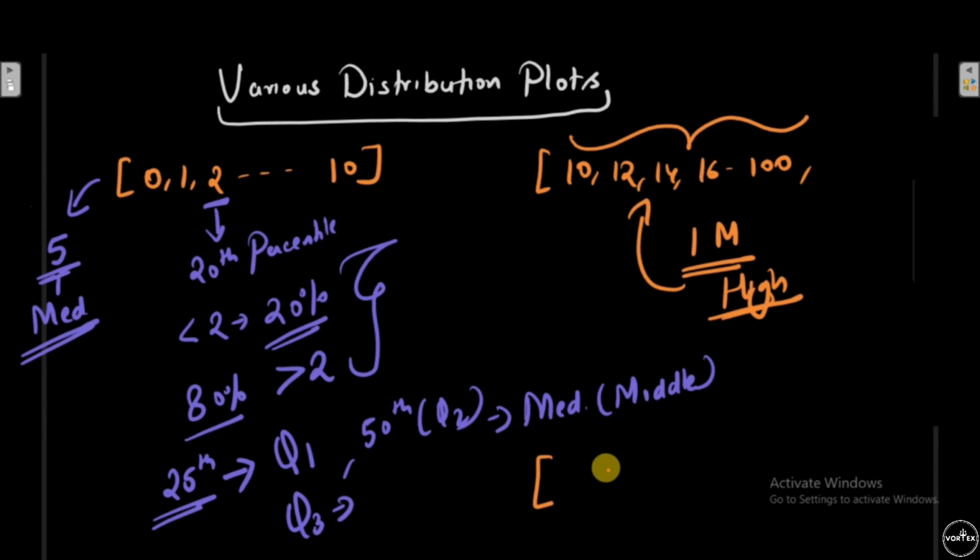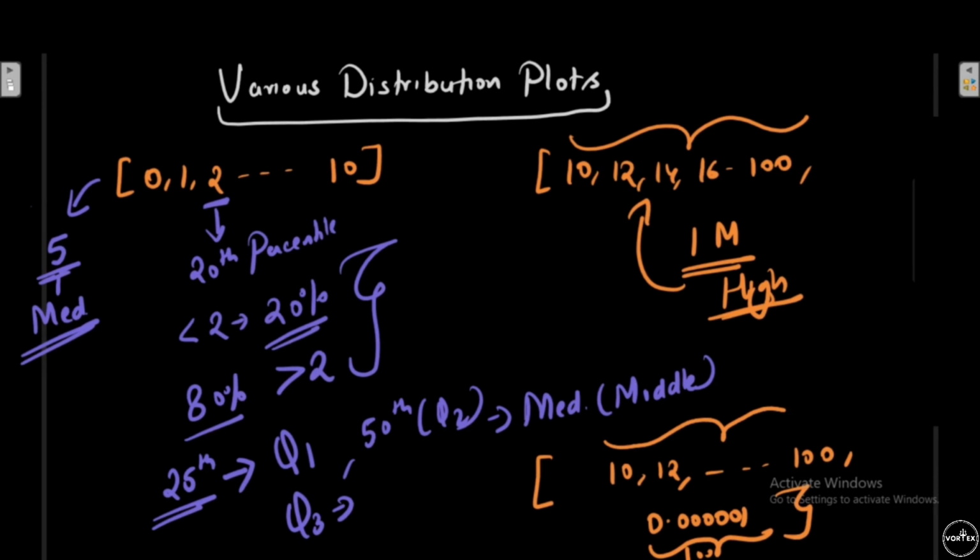Similarly, if I have numbers 10, 12, and so on till 100, but then I have a number such as 0.000001, I can say this number is a low outlier in context of all these numbers. That's what an outlier is all about.